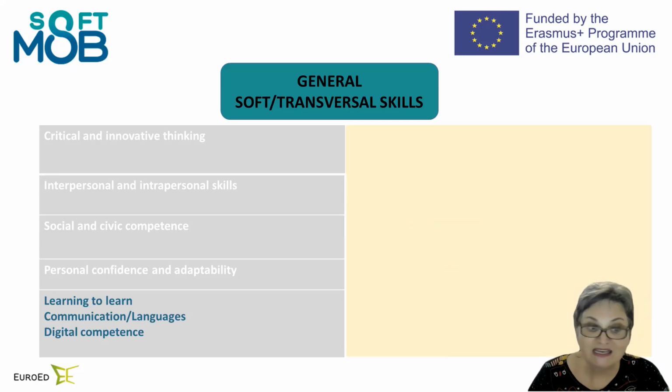And last but not least, we have communication, language, and digital skills, because understanding and being able to express oneself well in writing and in person, whether in a small group or in front of a large audience, is becoming more important for a wider variety of careers.